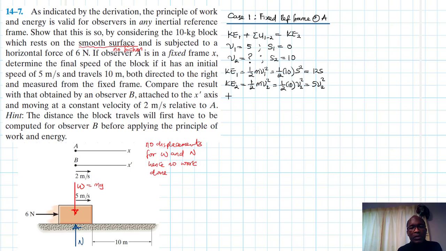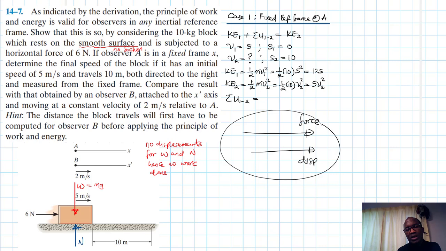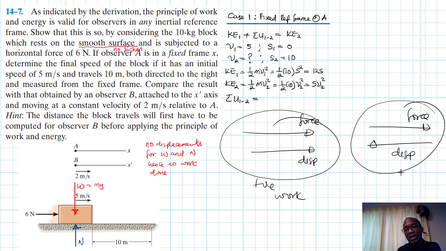Okay. Then we have the total work from 1 to 2. When we have a force in this direction and the displacement in this direction like this, it is positive work. And when we have a force in this direction and the displacement is in the opposite direction, then the work is negative.